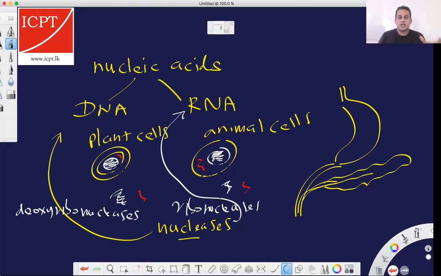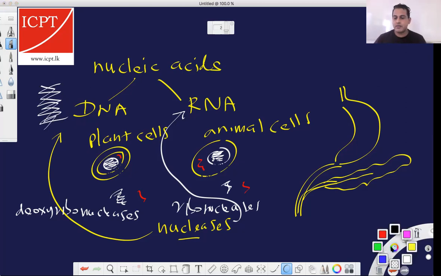So if these enzymes digest this molecule, you know already, the DNA molecule consists of two strands, we call it a double helix. But the RNA strand consists of a single strand. And you know very clearly, these DNA or RNA are made up of nucleotides. Nucleotide.